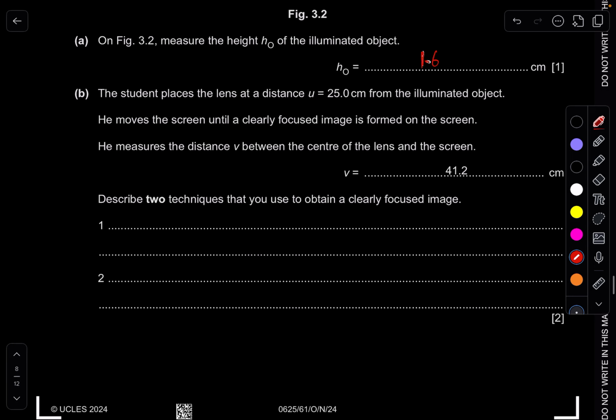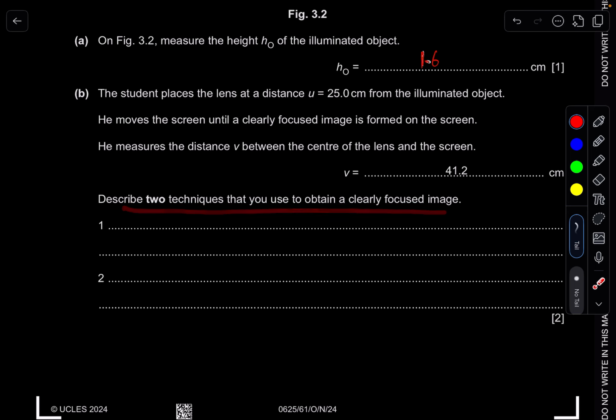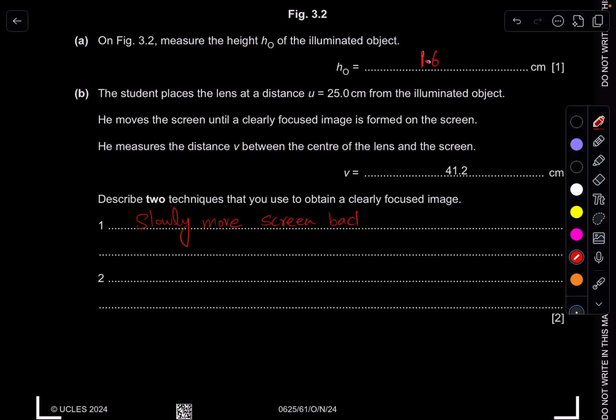Okay, and second, they are asking to describe two techniques that you use to obtain a clearly focused image. In a light experiment, how can you increase the focus? You can slowly move the screen back and forth.